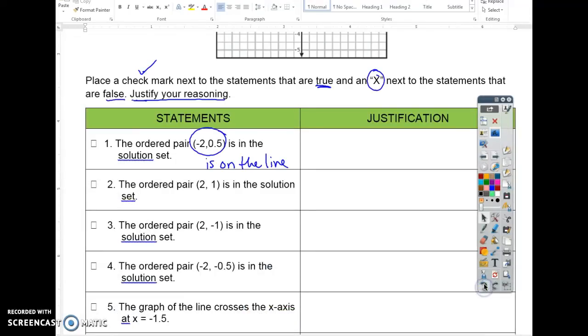So we're going to put an X. We're going to say negative 2, 0.5 is not on the line. Negative 2, comma, negative 2 is on the line. Any of those two would work fine.